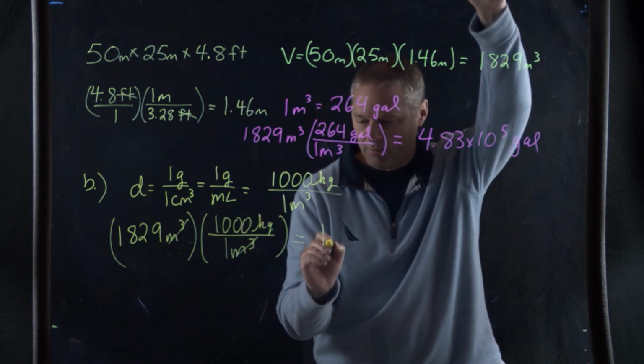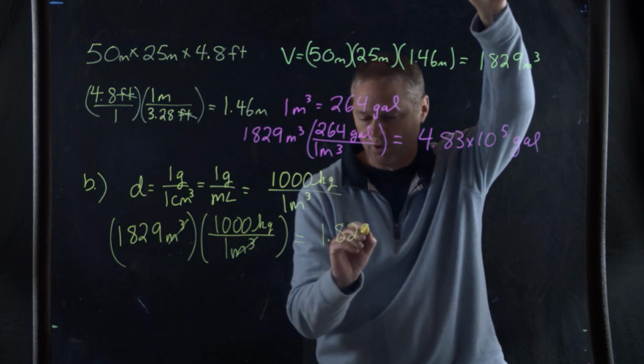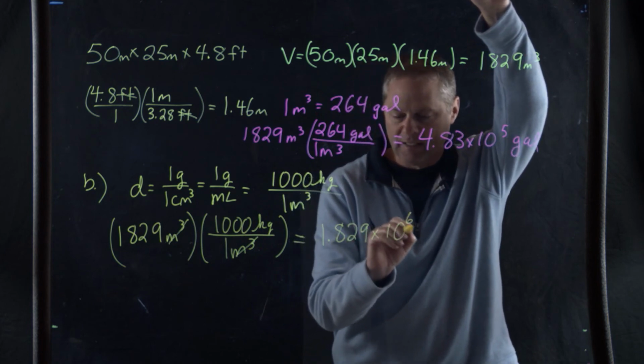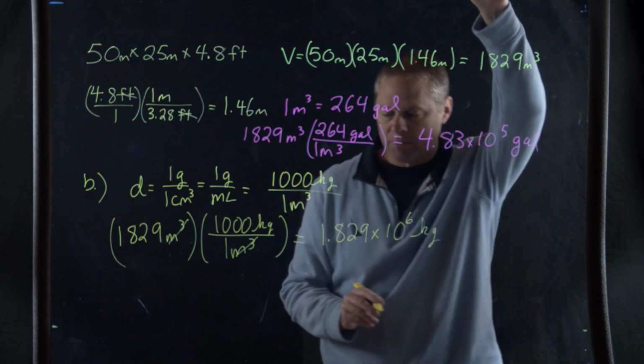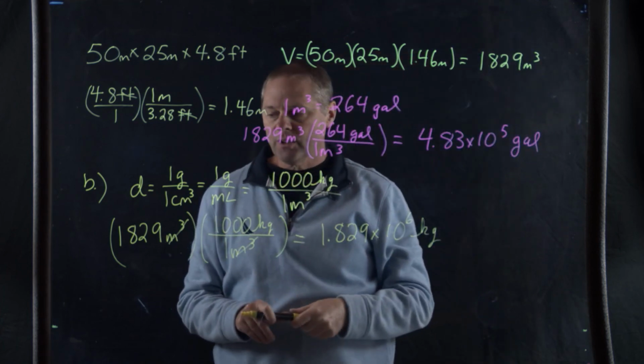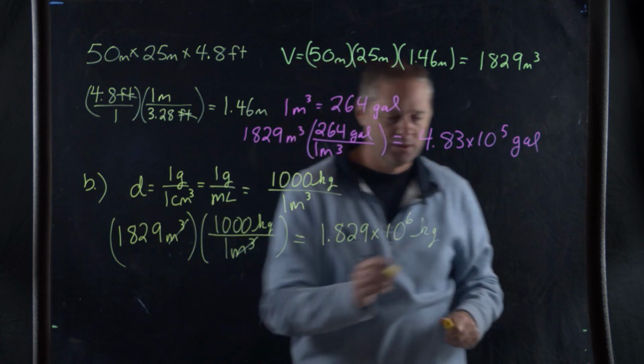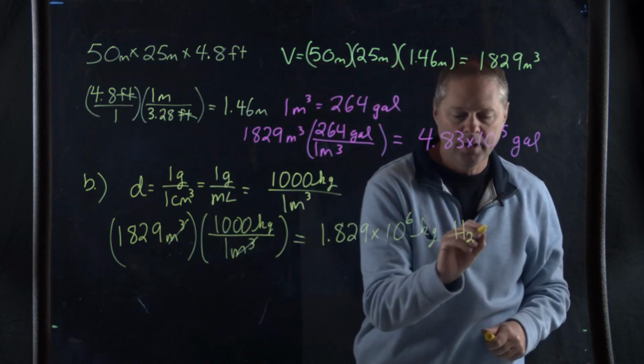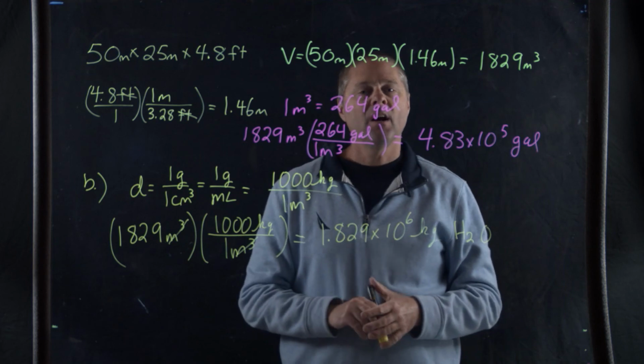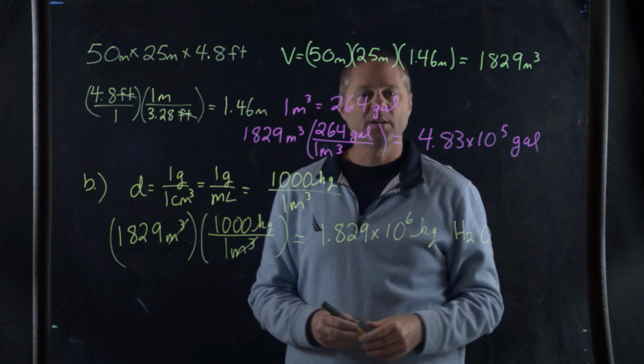So this becomes 1.829 times 10 to the 6th kilograms, which is equal to 1.8 million kilograms of water. That is going to be the mass of the water in that Olympic-sized swimming pool.